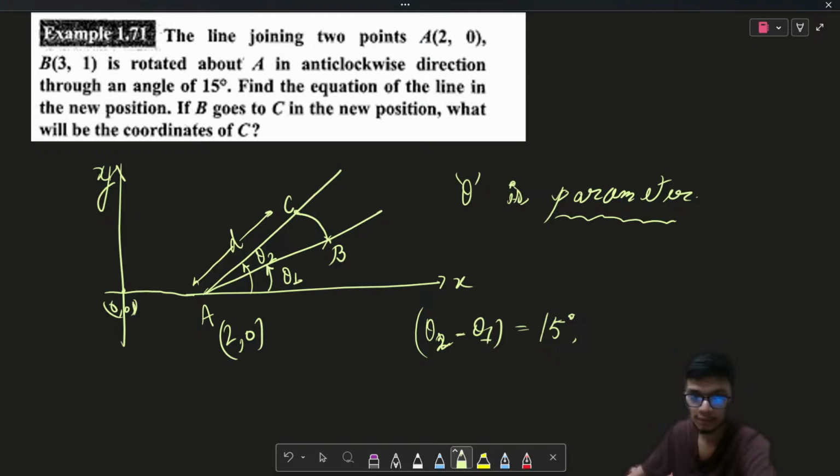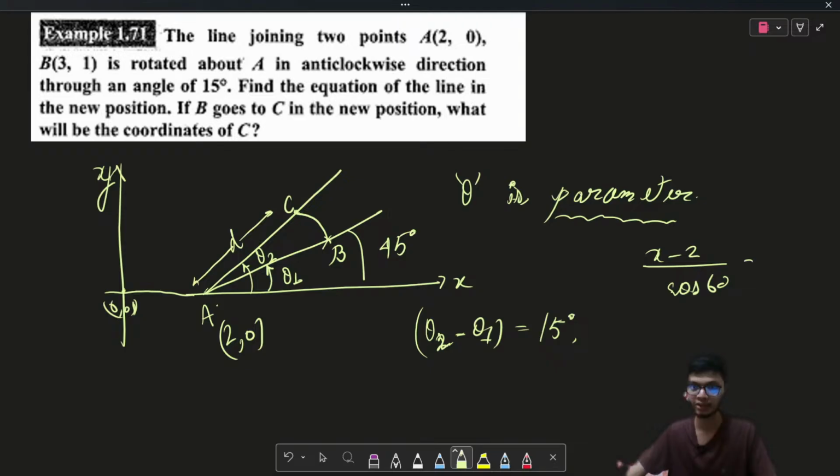Now I have to just find the point C. I know the point A. I can solve this problem without the parametric form also, but let us try to solve it in a simpler way by using the parameter. I can write the parametric form of this line as (x minus 2) upon cosine 60, because theta 1 is 45 degrees and this 15 will make it 60.